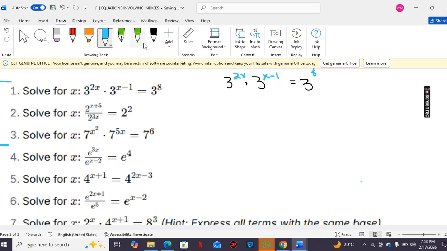Okay, so this is going to be 3 to the power 2x plus x plus 1 times x minus 1, equals 3 to the power 8.